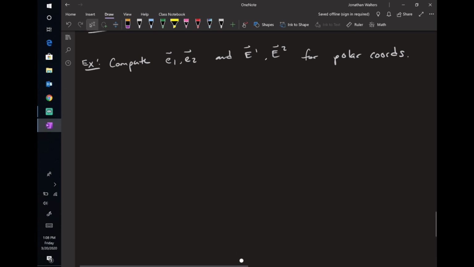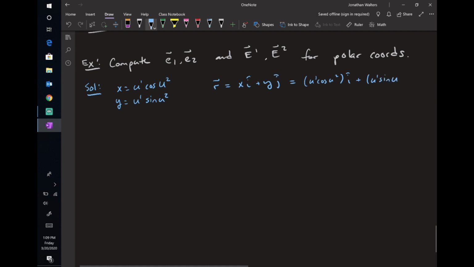Well, we start off with x equals u1 cosine u2, and y equals u1 sine u2. Now, r, we said, was x i plus y j, which is going to be u1 cosine u2 i plus u1 sine u2 j.